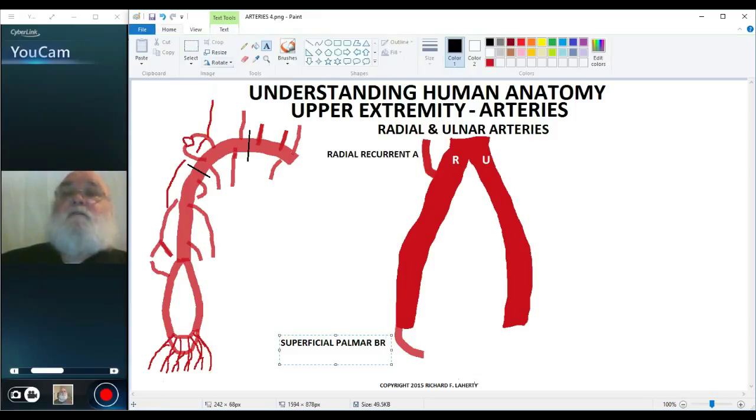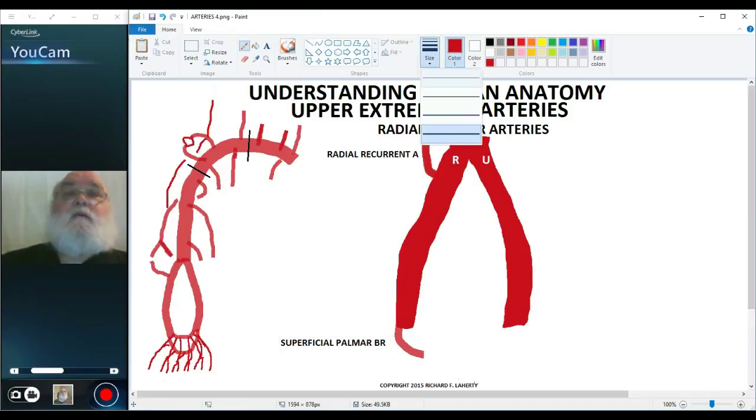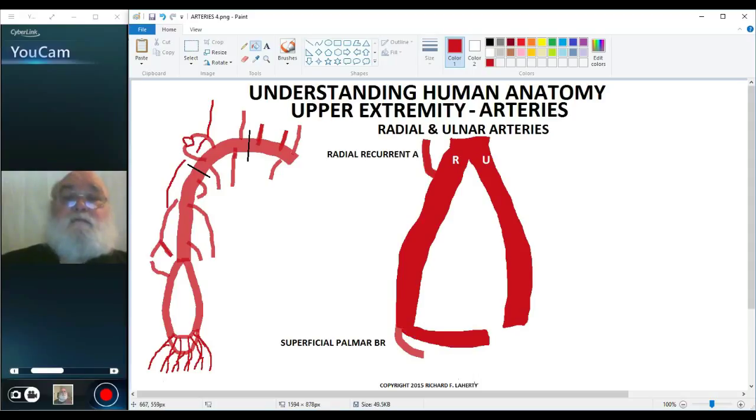The remainder of the radial artery forms the deep palmar arch. And we'll color that in.